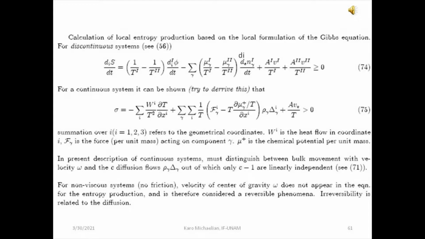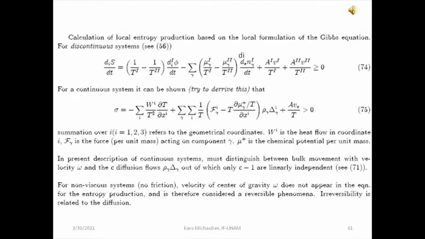Equation 75 is the corresponding continuous case for equation 74 for this system that we have, open to flow of material and energy inside, and only allowing a flow of energy over the boundary.